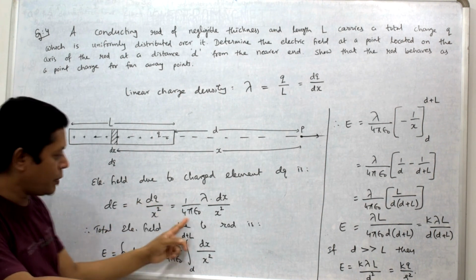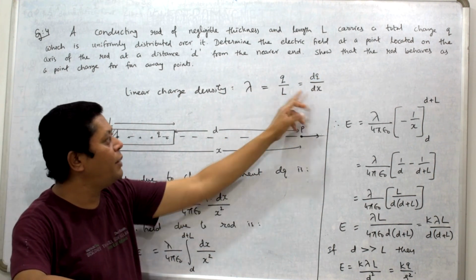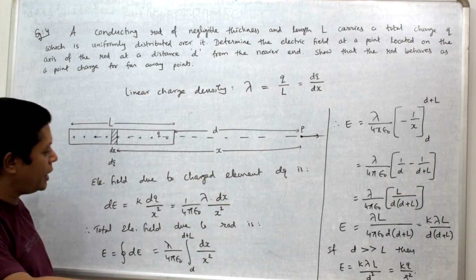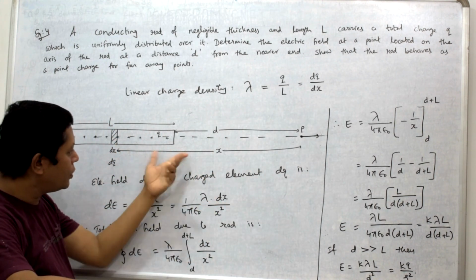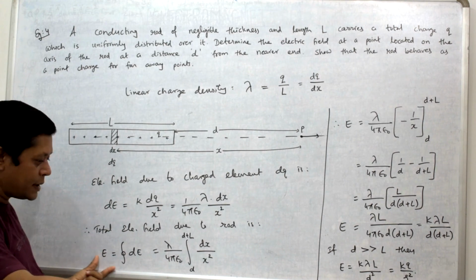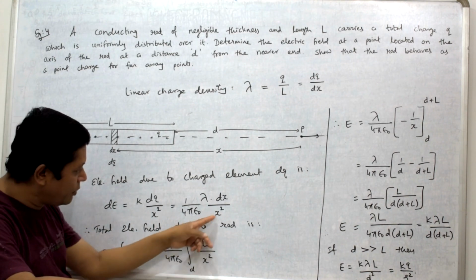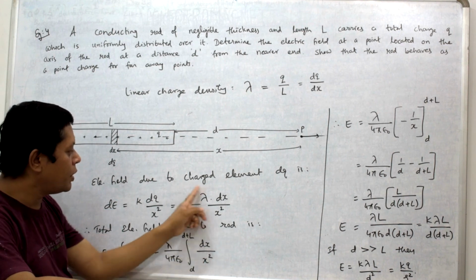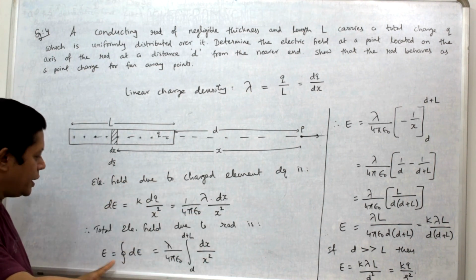The value of k is 1 upon 4 pi epsilon naught. dq you can write from this relation: dq is equal to lambda dx, so you can put lambda dx upon x square. If you want to find the electric field due to the whole rod, you have to integrate this electric field. See, there is only one variable in this equation, that is x; the rest is all constant, so you can integrate over the length.